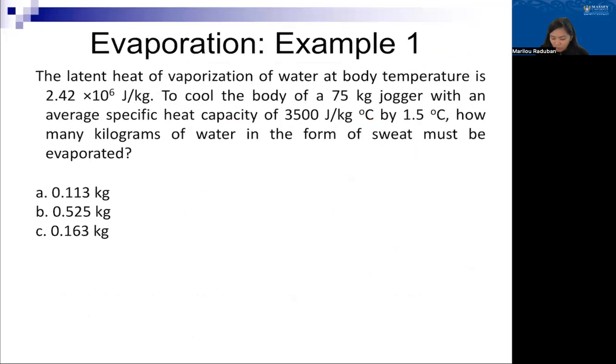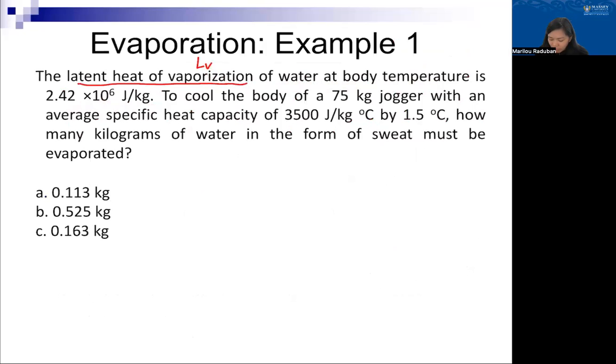The latent heat of vaporization is the latent heat that's involved in evaporation, so we give that the symbol L subscript V. The latent heat of vaporization at body temperature is 2.42 times 10 to the 6 joules per kilogram.